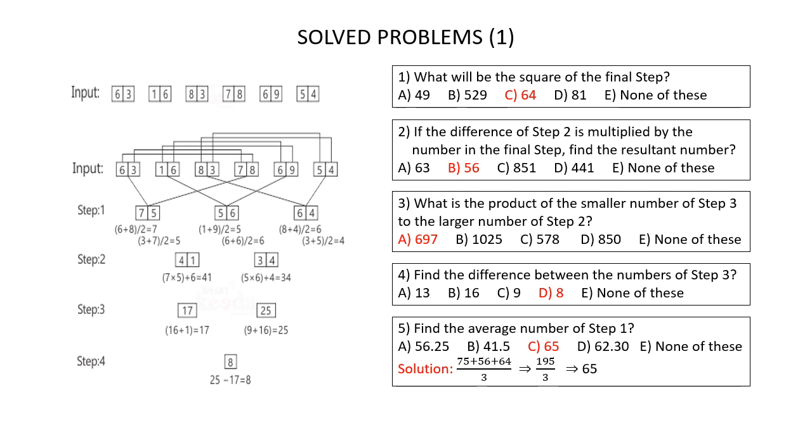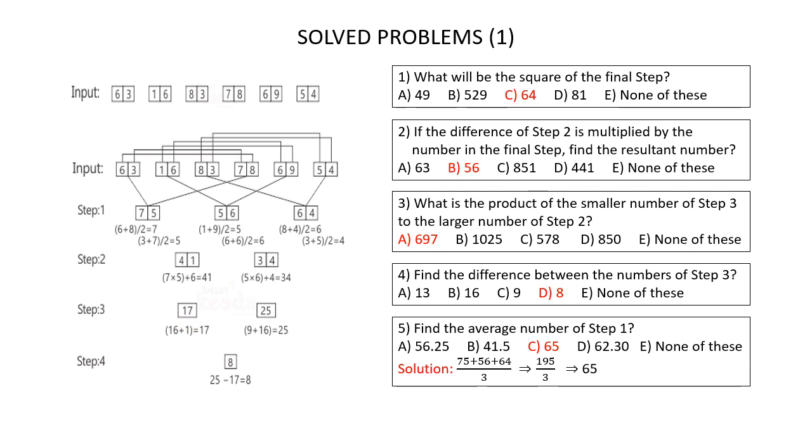Now for step 3, you know that the pattern followed is the sum of the square of the first digit of the first number of step 2 and the square of the second digit of the first number of step 2 gives the first number of step 3.